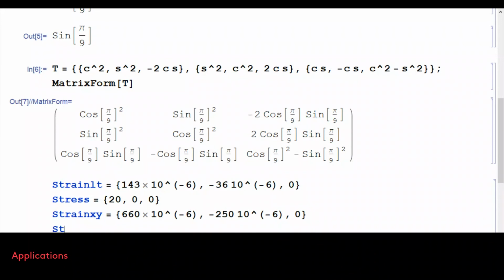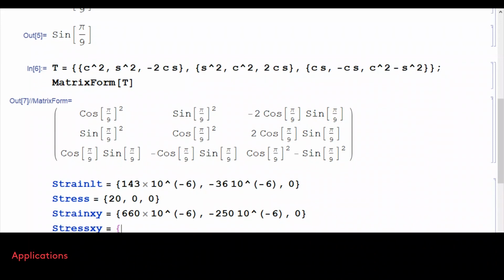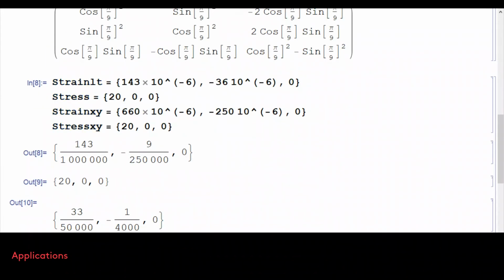So stress is 20, 0 and 0. Okay, so these are the measured values.